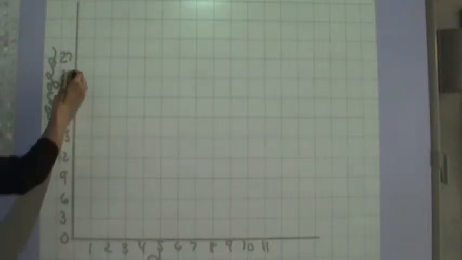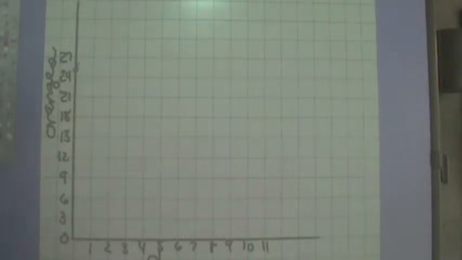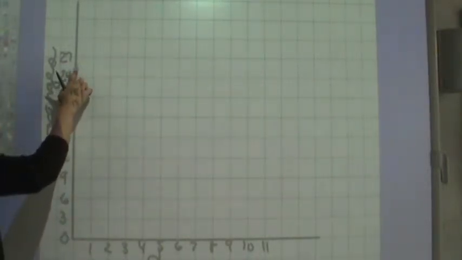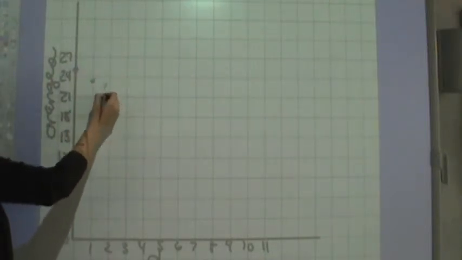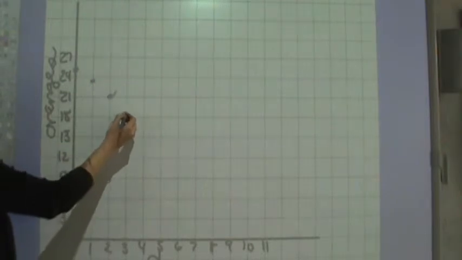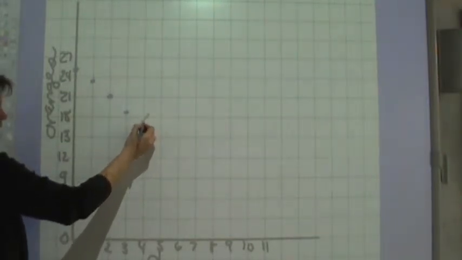Okay, so on day 0, when we first started, we had 25, so that's going to be about right there. We had 25 oranges. Each day, we ate 2 oranges. So from 25, 24, 23, 22, 21, 20, 19, 18, 17.